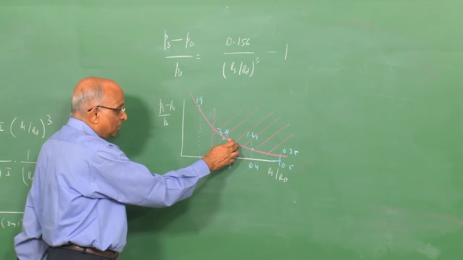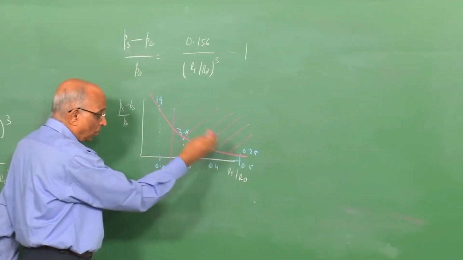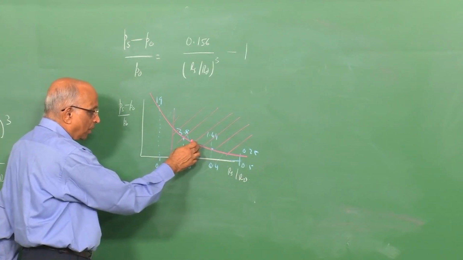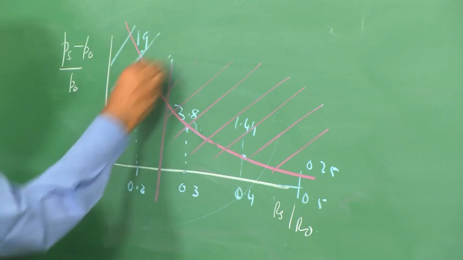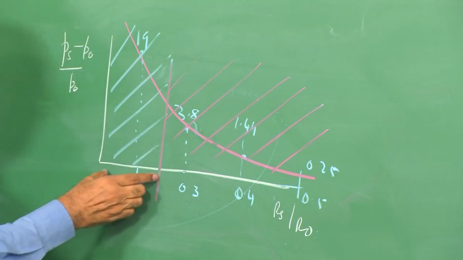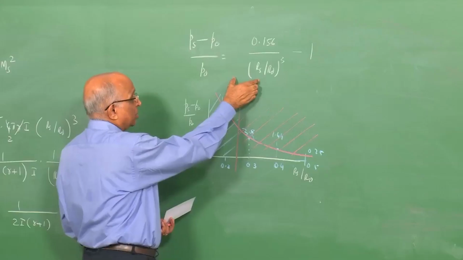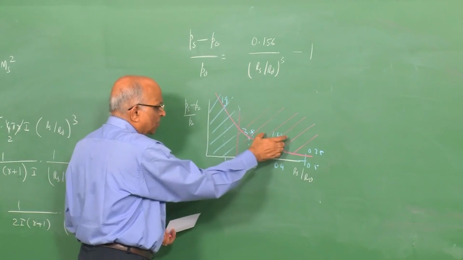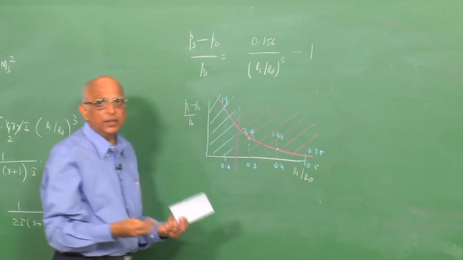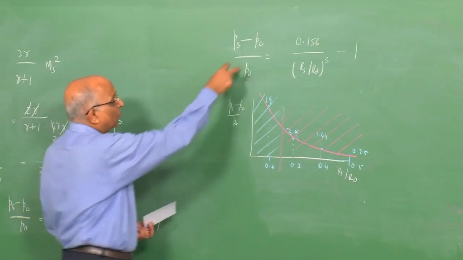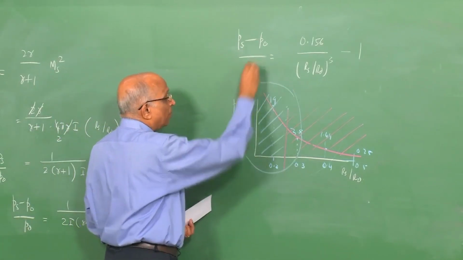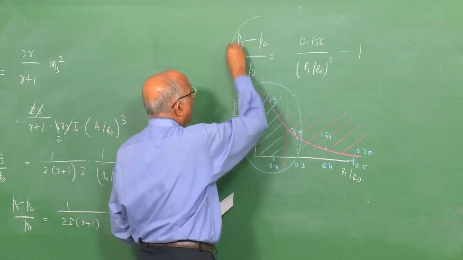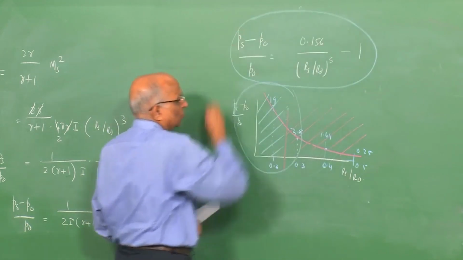I cannot write the density ratio as gamma plus 1 over gamma minus 1, or 2 over gamma plus 1 equal to the shock pressure divided by rho 0 Rs square and all that. Therefore, in the region of the strong shock wave, that is in the near field to the explosion, I would expect this expression to be valid, whereas in the far field this expression may not be totally valid. In a particular region I can still predict my overpressures, and therefore, using the energy equation I am able to get the overpressure values.